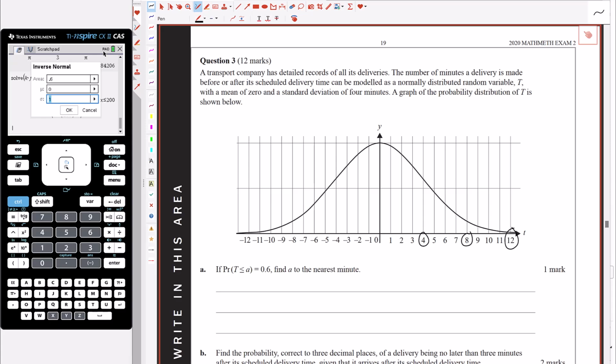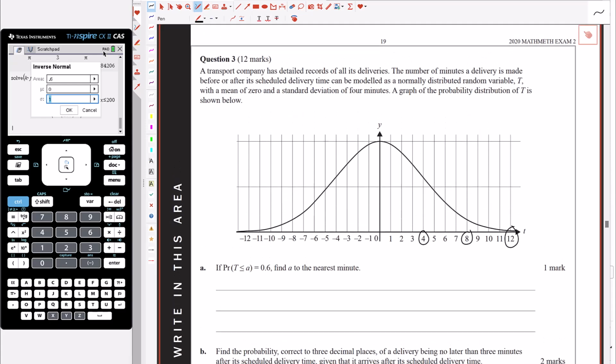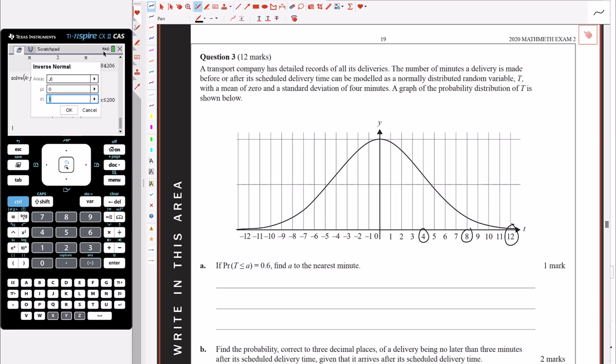But that's not an assumption I would expect them to make you make in an exam. Okay, let's see what that gives us.